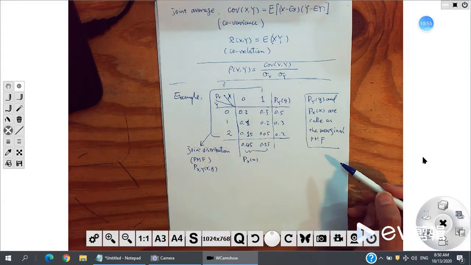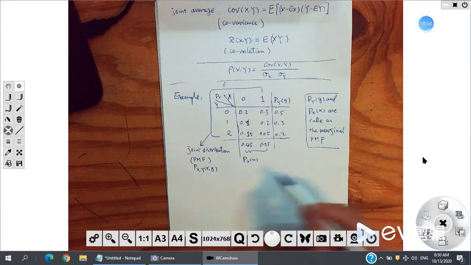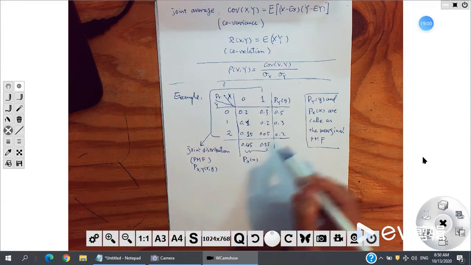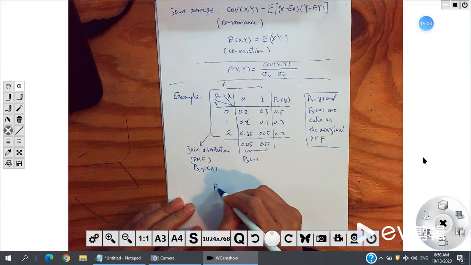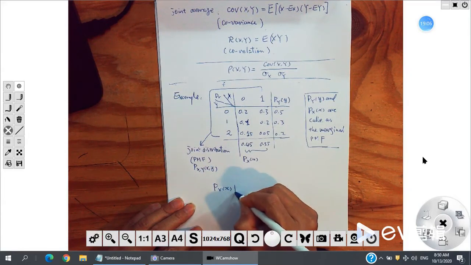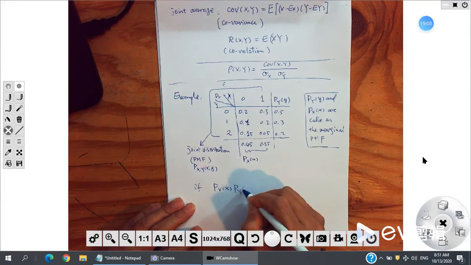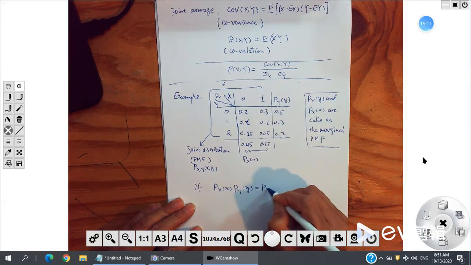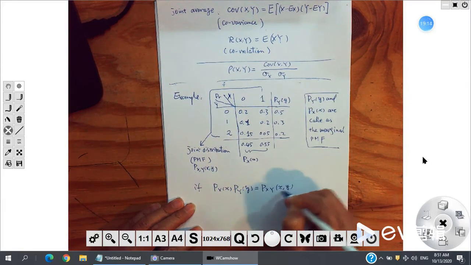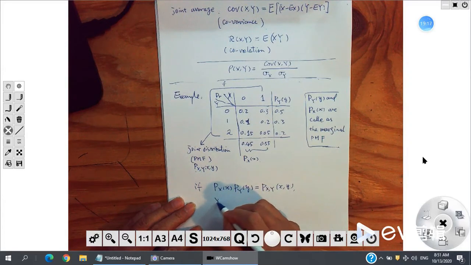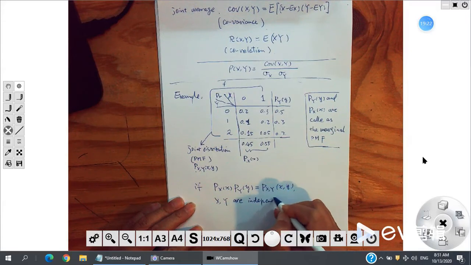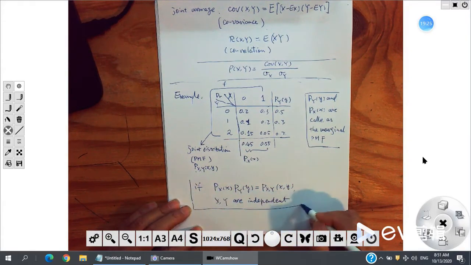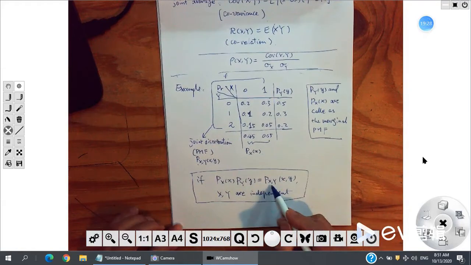And then in this way we can discuss the relation between p_XY and p_X and p_Y. So p_X(x) times p_Y(y) equals p_XY(x, y) if x and y are independent. Now we have a concept related to the marginal distribution and the joint distribution. If we have this relation, they are independent.